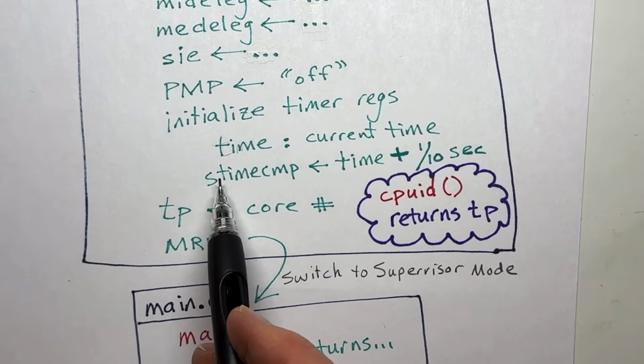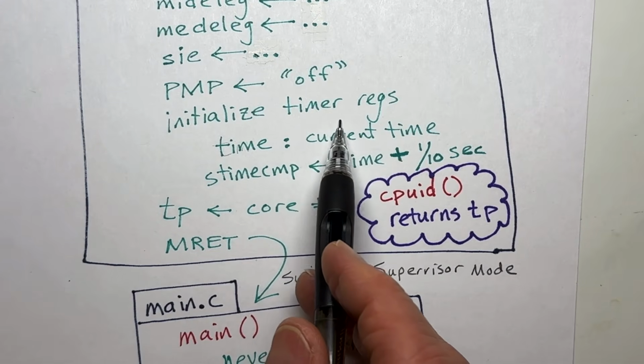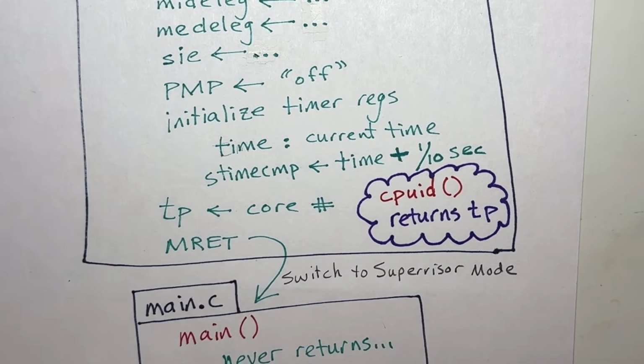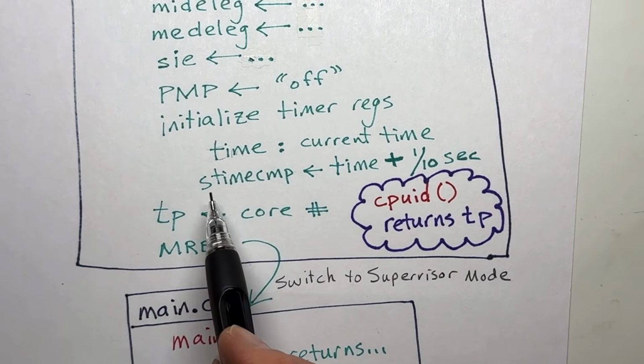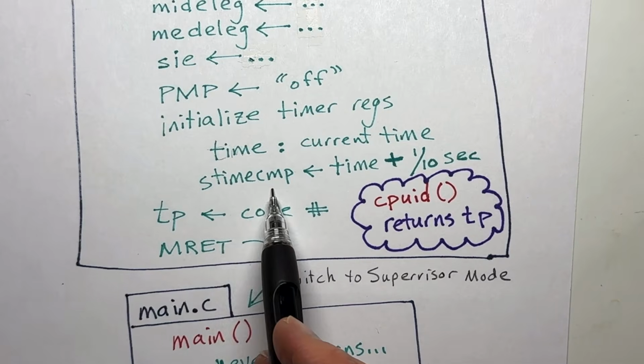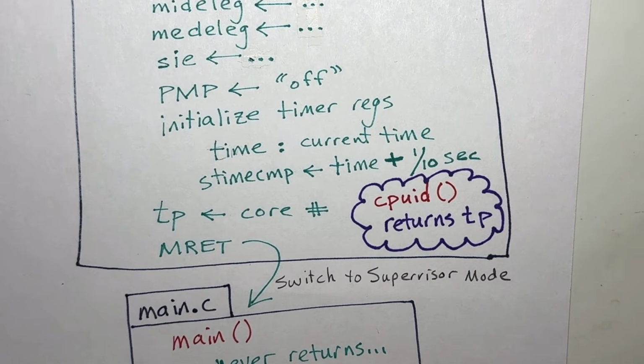There are a couple of registers that are initialized to cause all timer interrupts to cause supervisor mode interrupts instead of machine mode interrupts. The time of the next timer interrupt is controlled by a register called stimecmp. Each core will have an interrupt every 1/10 of a second.